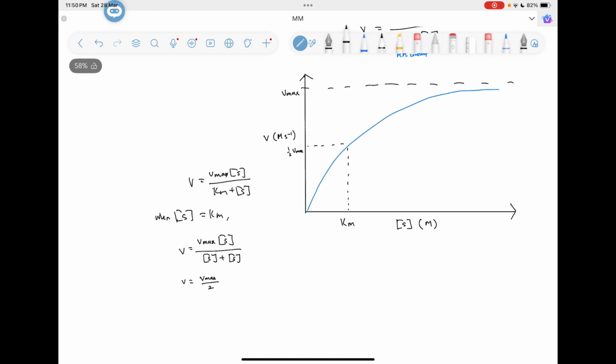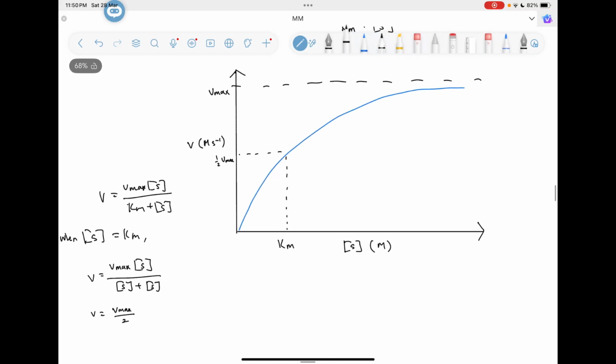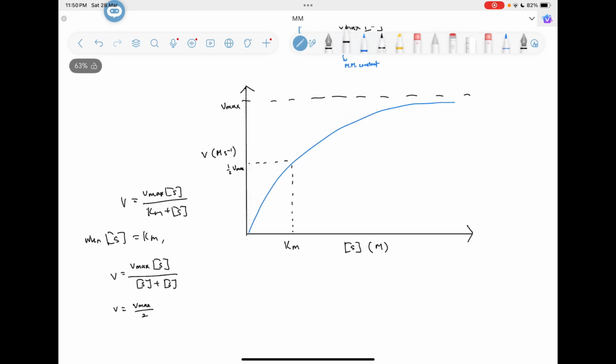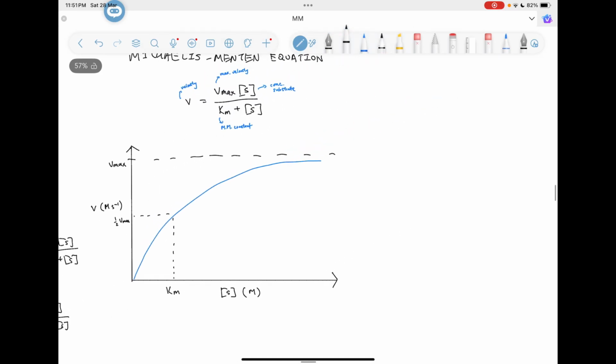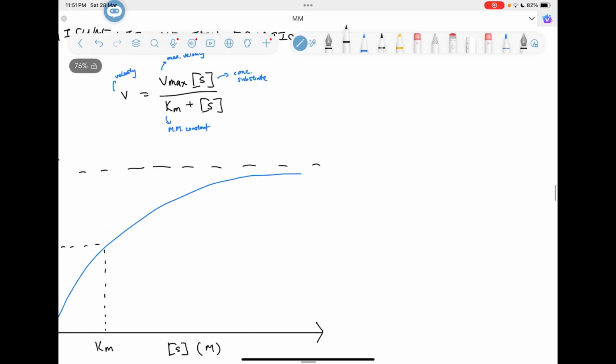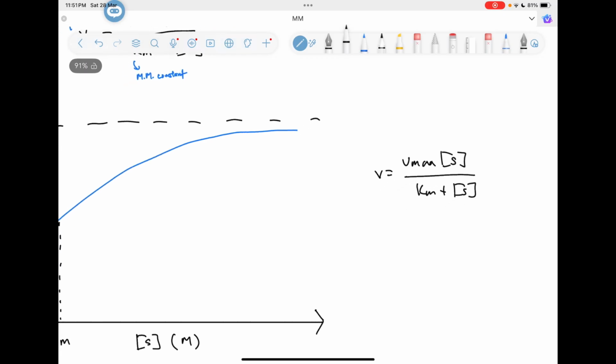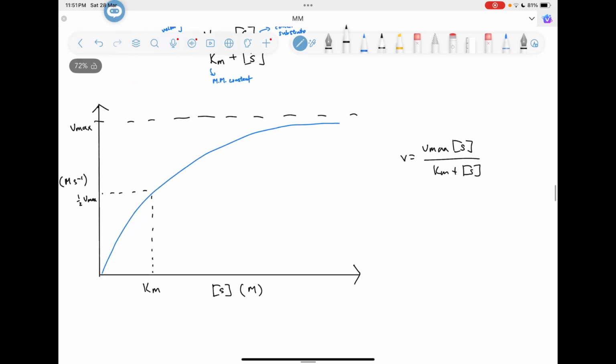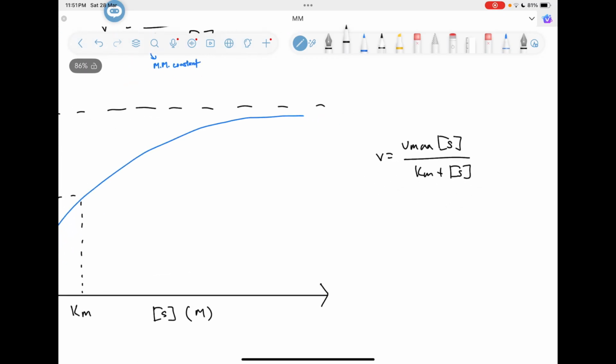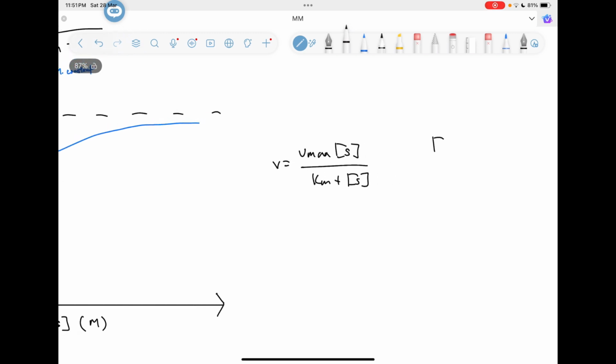Now let's talk about the next property, which is why the graph plateaus and is limited by the maximum Vmax rate. So when we look at the equation again, V equals Vmax times concentration of substrate over Km plus concentration of substrate. We notice that the graph plateaus when the substrate concentration is extremely high. So at that stage, we can safely assume that the concentration of substrate is way bigger than Km.